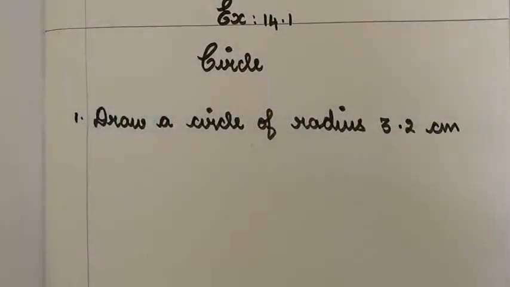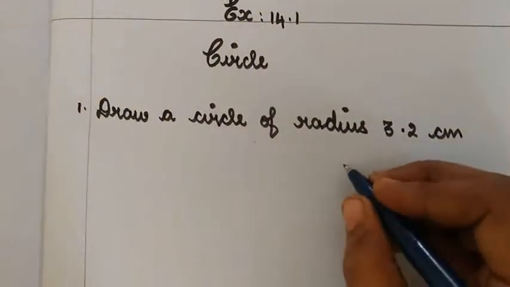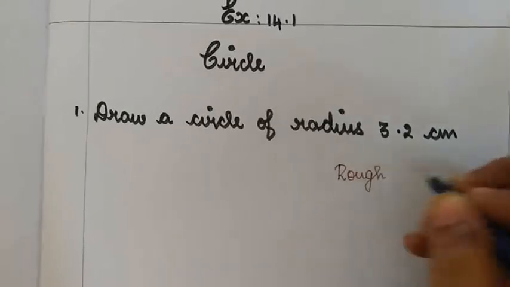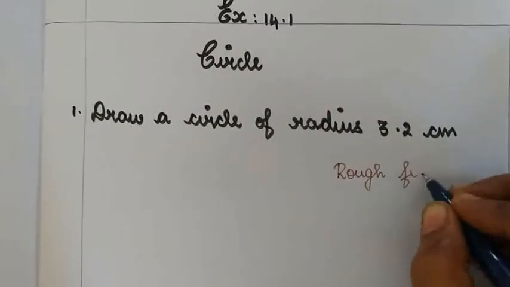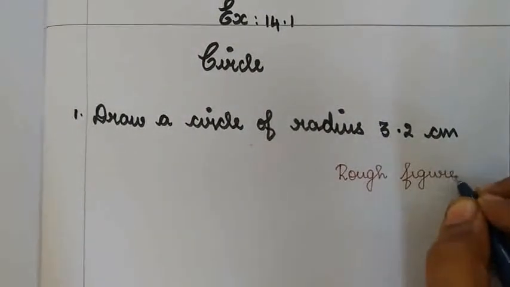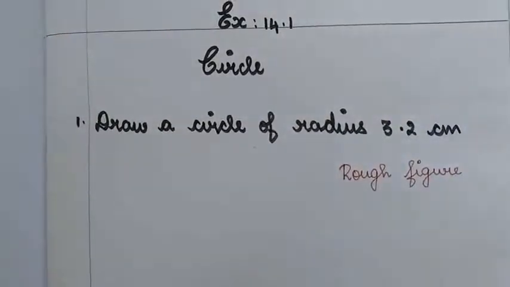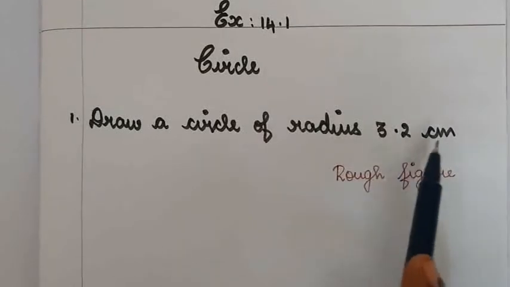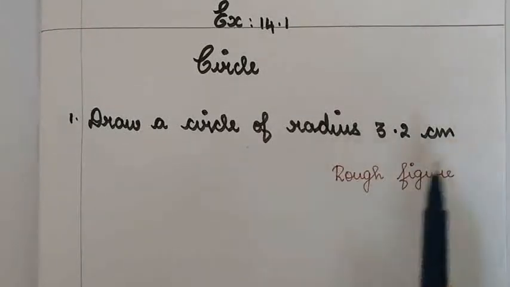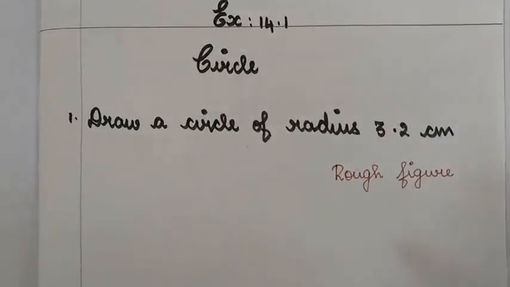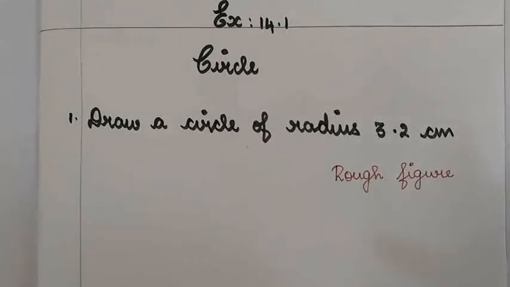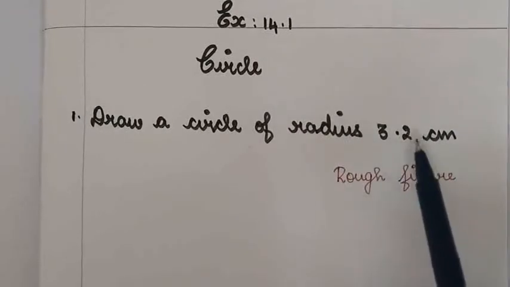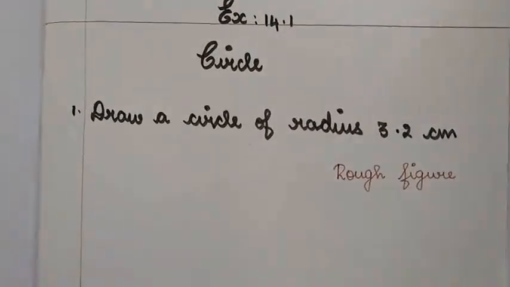So first we have to draw the rough figure, or rough diagram. Here draw a circle of radius 3.2 centimeter. So we have to draw one circle with the help of the given radius, that is 3.2 centimeter.